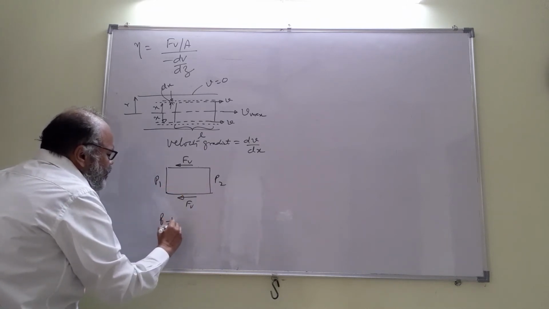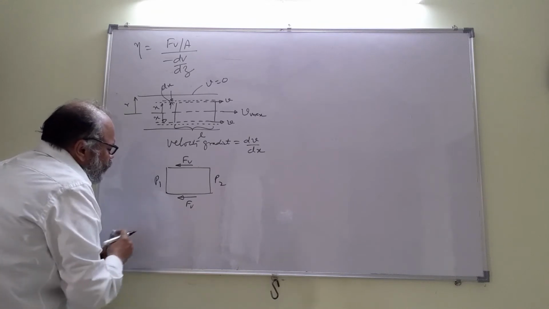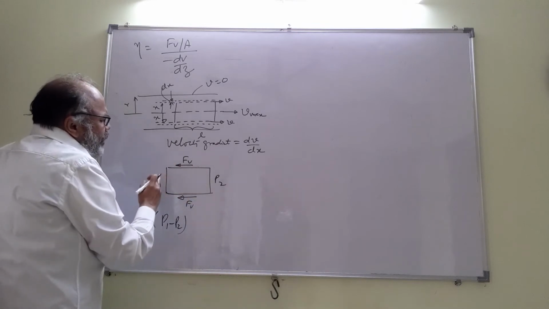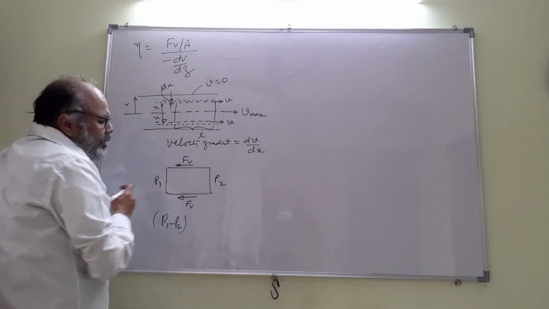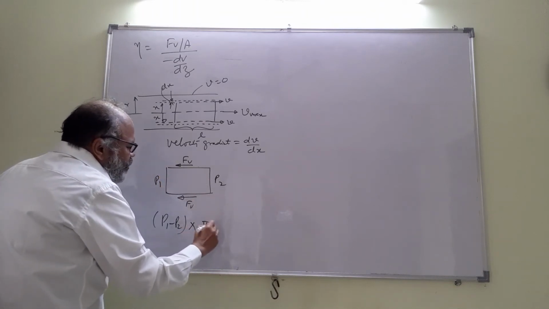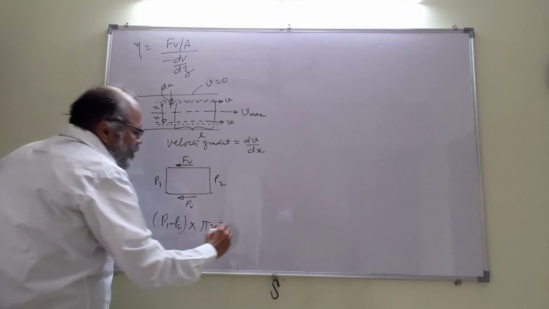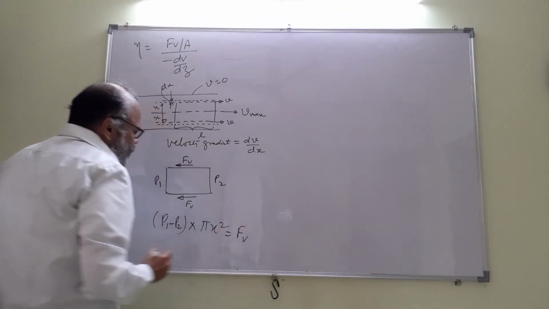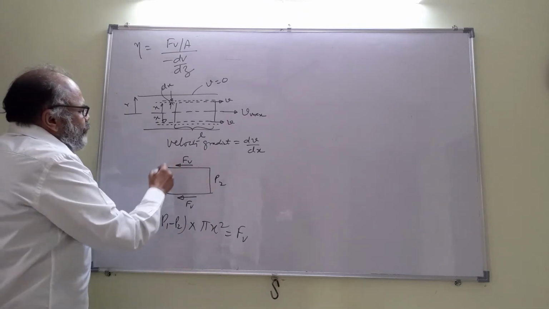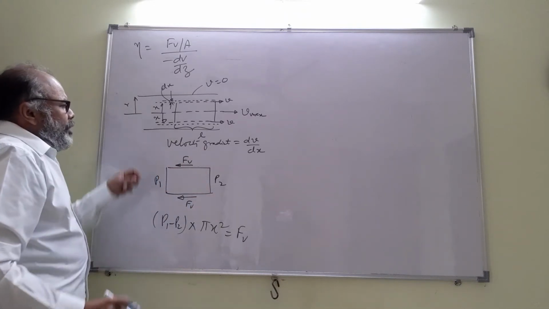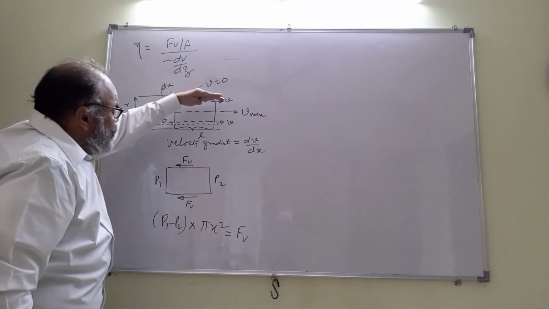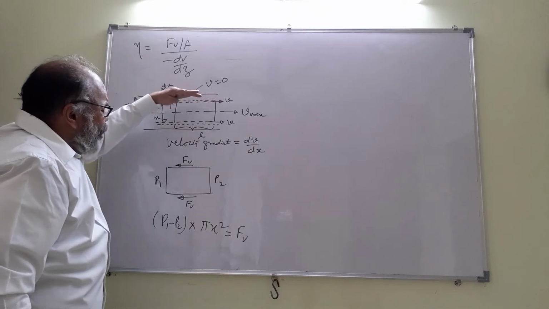So P1 minus P2, that is the pressure difference on either side of this imaginary cylinder, into the area, which is pi x squared, will be equal to the viscous force. The net force should be 0 since we are assuming a steady flow in which the velocity is constant.